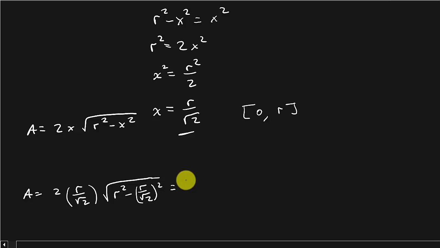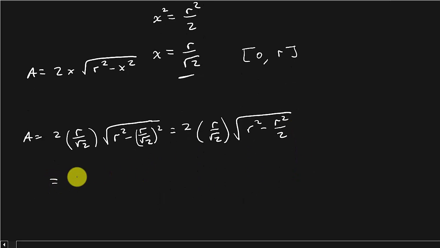And so that's going to be 2 times r over square root of 2 times the square root of r squared minus r squared over 2, which is going to be 2 times r over the square root of 2 times the square root, now r squared minus r squared over 2, well, that's just r squared over 2.